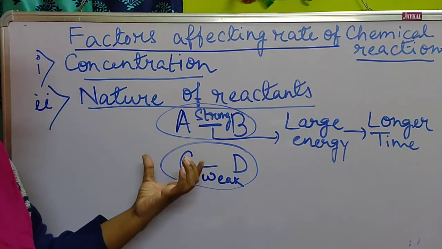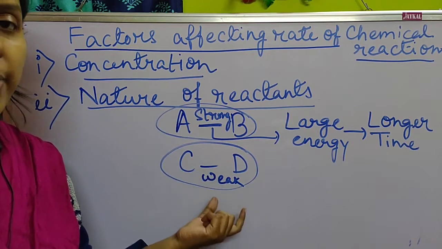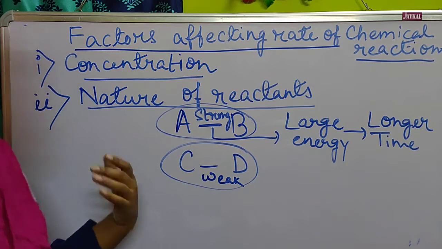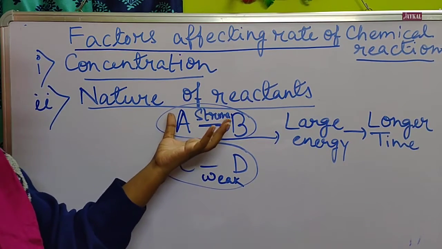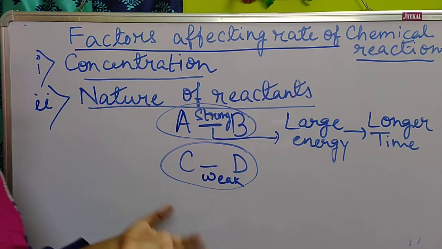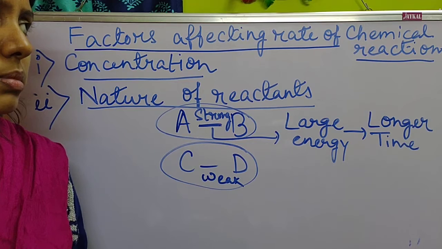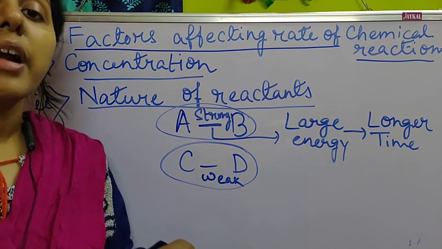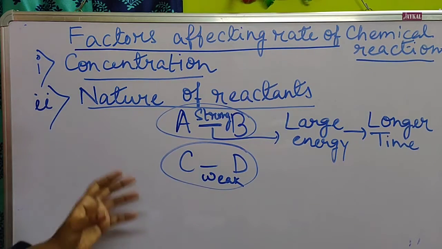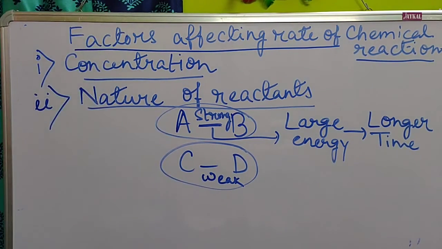So the reactants having a weak attractive force or a weak bond between them will react faster than the reactants having a stronger bond between them. Because of this, different types of reactions take place showing different rates of reaction, or taking different time periods. That is the cause.